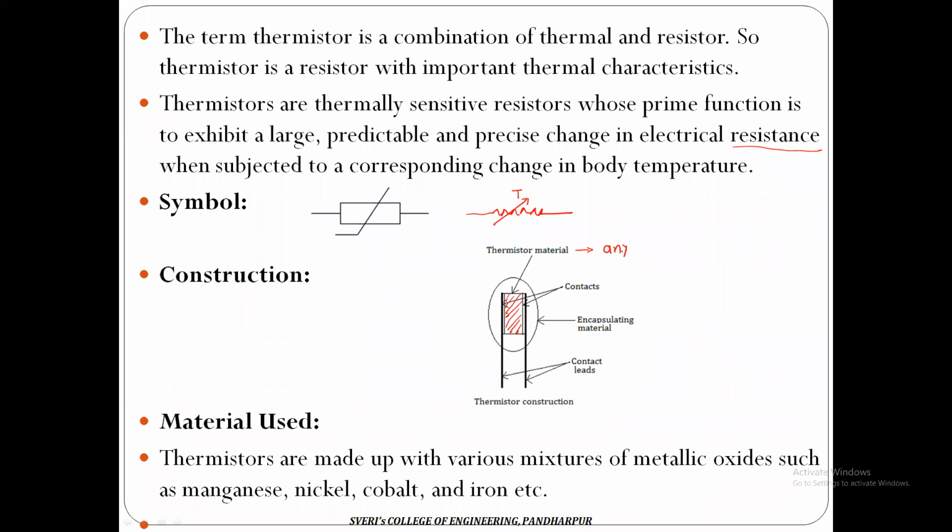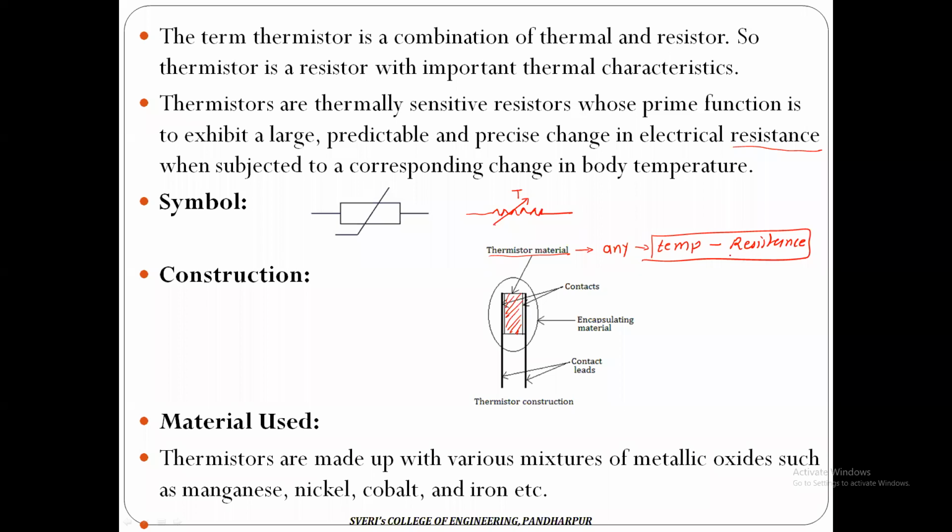Why do I say any? Because the thing is that the material shows the property that as the temperature changes, its resistance must change. जर कुठल्याही मटेरियल जर ही प्रॉपर्टी दाखवत असेल तर you can use that material as a thermistor material for the construction of a thermistor here. It means that as the temperature changes, the resistance is also going to change.